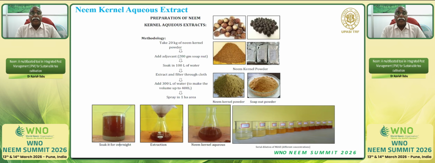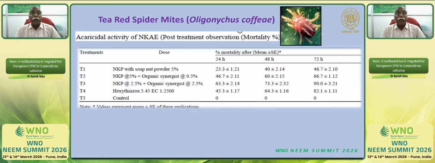Twenty kg of neem kernel powder, with an adjuvant added, is soaked in 100 liters of water, extracted and filtered through cloth, and 300 liters of water is added to make a volume of 400 liters to spray on 1 hectare under tea.